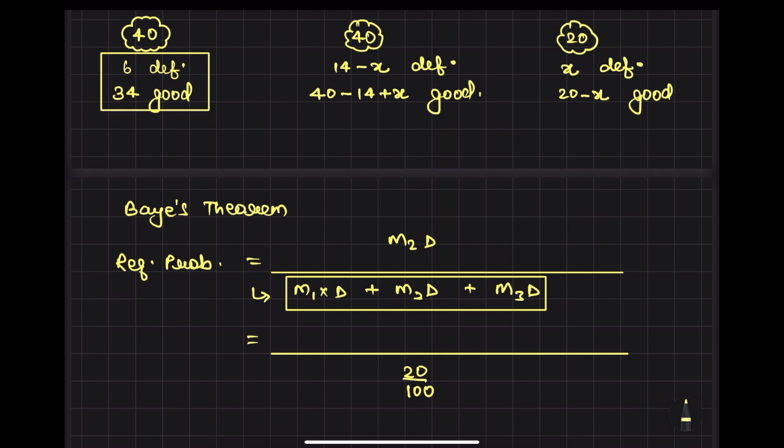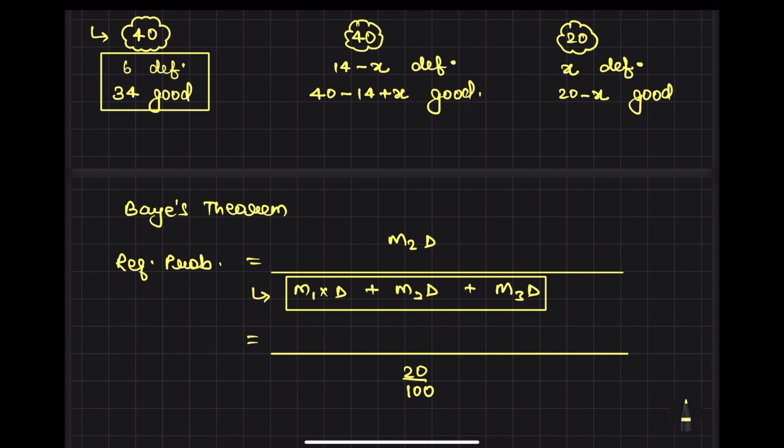From M1 you handpick a bulb, so 40 by 100, since the total number of bulbs is 100 and 40 are produced by M1. And then you go with defective, so it is 6 by 40, and so on.